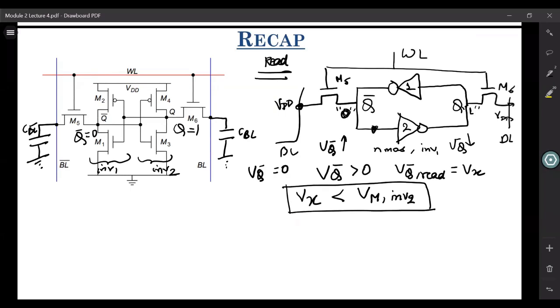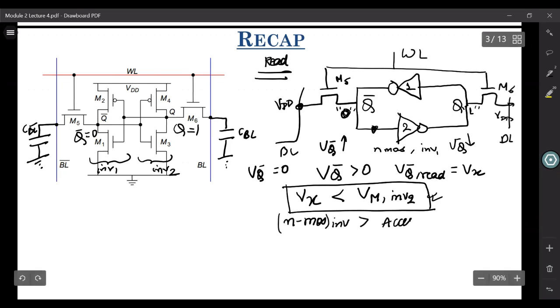And we also saw that to satisfy this criterion, we should have the strength of the NMOS transistors of inverter 1 and 2, since they are matched inverters, greater than the strength of the access transistor, right? This was the criterion if we wanted our Vx, the node potential at VQ bar during the read operation, to be as low as possible.